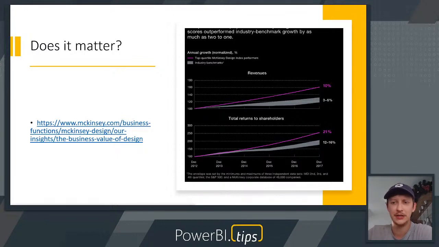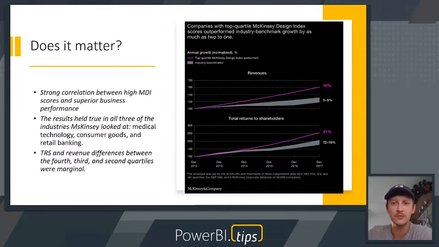They interviewed senior business leaders and design leaders. They collected more than 2 million pieces of financial data and recorded more than 100,000 design actions. And the result was that they formed 3 key findings.